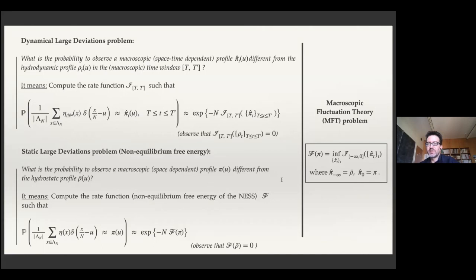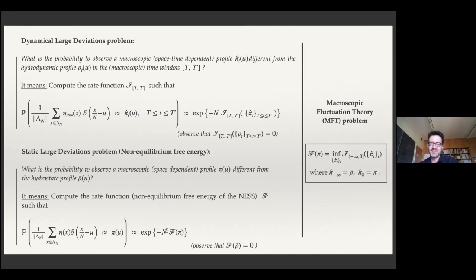And the macroscopic fluctuation theory says that usually you cannot compute it because you don't know what the non-equilibrium stationary state is. You don't have a formula. So this F of pi is usually impossible to determine directly from the non-equilibrium stationary state. Because you don't know it, it was a tour de force by Derrida, Lebowitz, and Speer to compute it for the symmetric and asymmetric exclusion process by using the matrix ansatz.